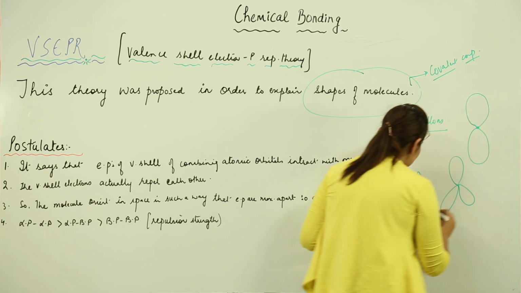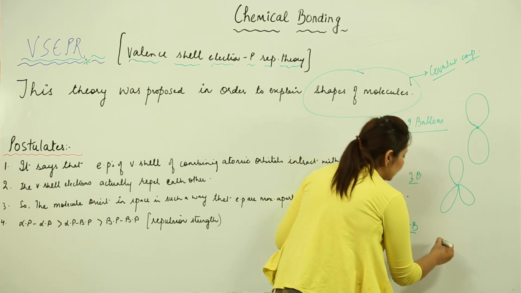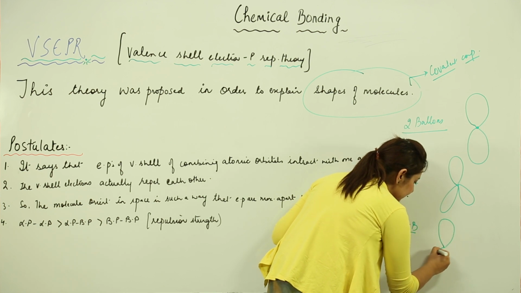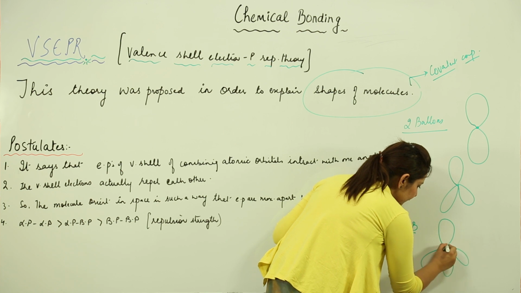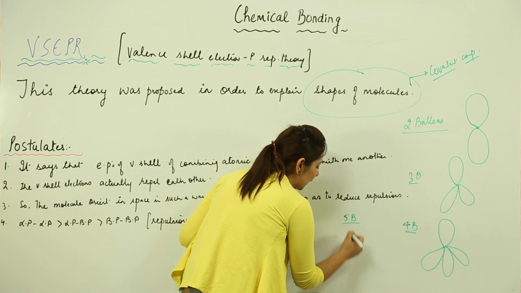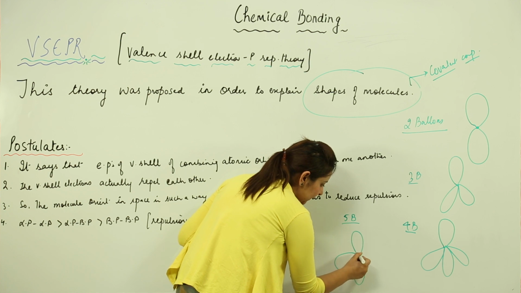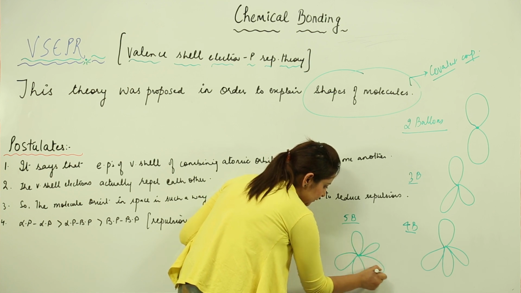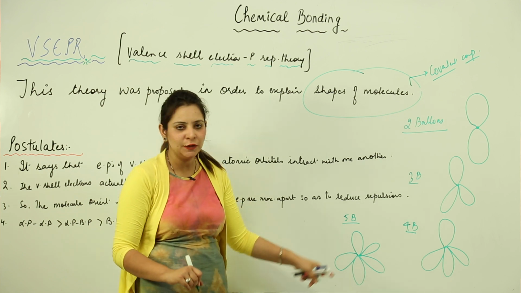Now if I have four balloons and tie them again with a thread, I'll get this shape. And if I have five balloons and need to tie them, this is my 2, this is my 3, this is my 4, and this is my 5, so I'll get a similar arrangement.